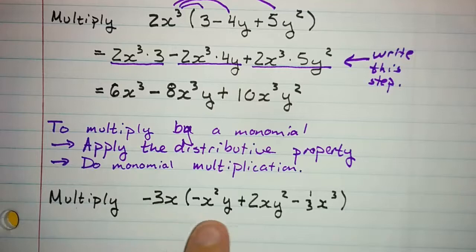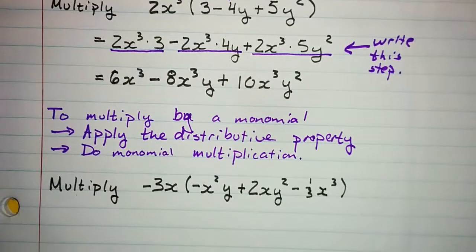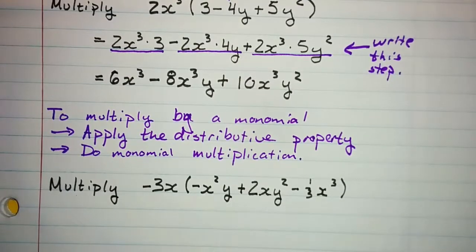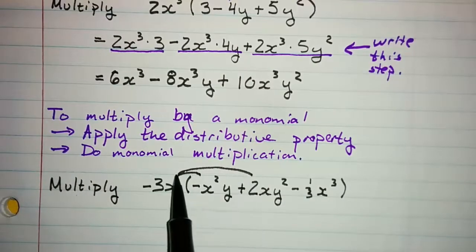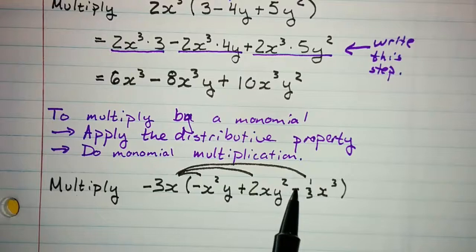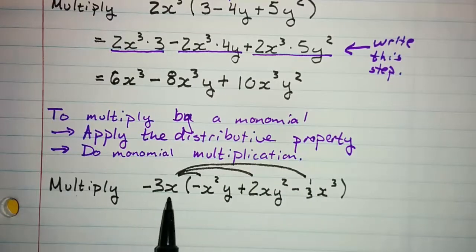Alright, so our first step is to apply the distributive property. And because I've got these negative signs here, I'm going to write some extra parentheses in my products, just so that I remember that what I'm seeing is a negative sign, not subtraction.